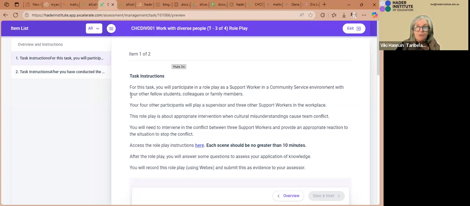You'll do this with 4 other fellow students, colleagues or family members. So if you're working in the sector already, it could be your peers from work. If it's family members, they must be over the age of 18 to be participating in any of the role plays.